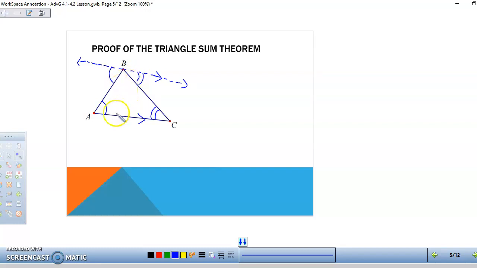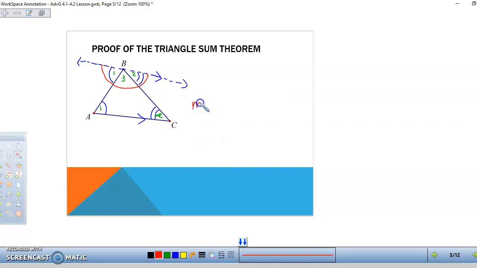But let me put some numbers in there. That's 1 and that's 1, and then this is 2 and this is 2, and then this is 3. But just as a visual, these 3 angles here together have to add up to 180 degrees.